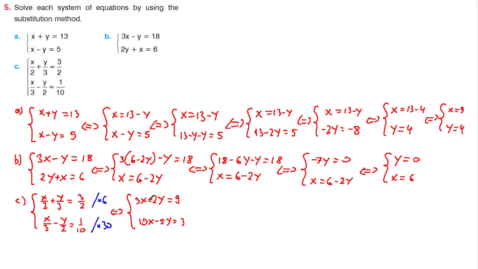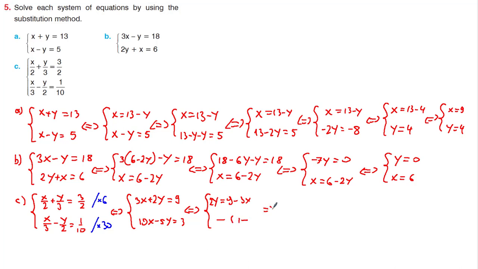We can express here, for example, 2y in terms of x, but we will end up having fractions. Let's try to do that one. Meanwhile, we can find a way around this fraction by multiplying both equations by some constants, and instead of expressing y in terms of x, we can express 2y or 5y or 10y. In this case, it would actually be 10y. So let's see, 2y is 9 minus 3x.